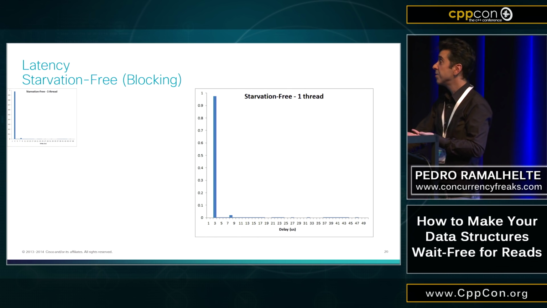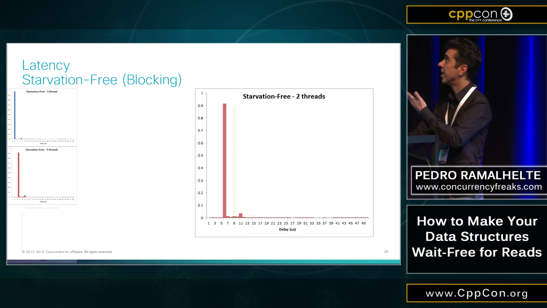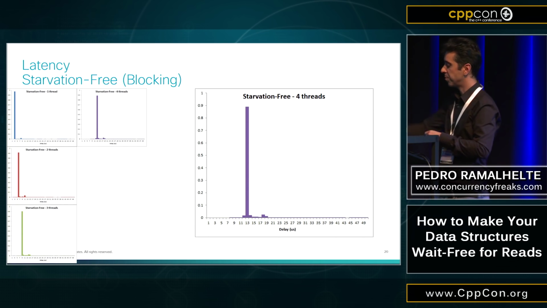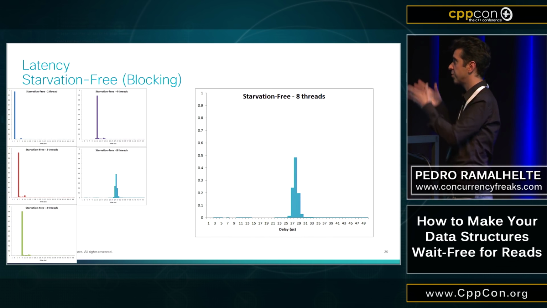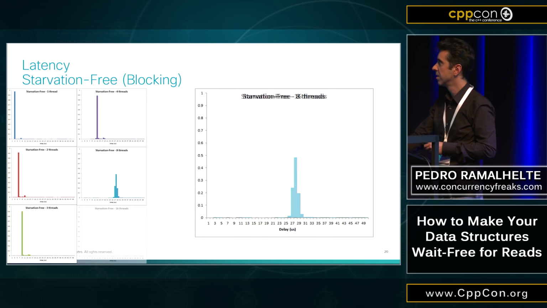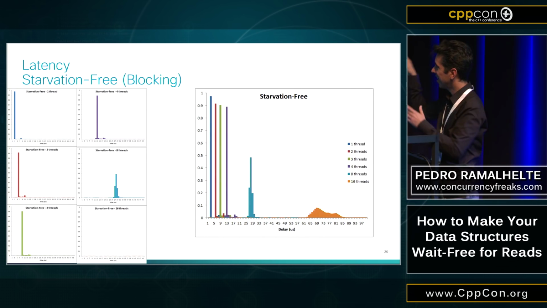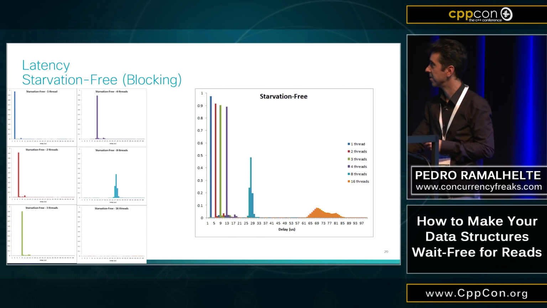Now, if you use a starvation-free lock, you still see the same kind of behavior where as you add threads, you have to wait more, but there are no extra peaks, no extra delay. With 8 threads, you get some convolution that makes it smear, and this one you don't see because it's after the 50 microseconds, but I've shortened this one and you can see it's the orange hill there.